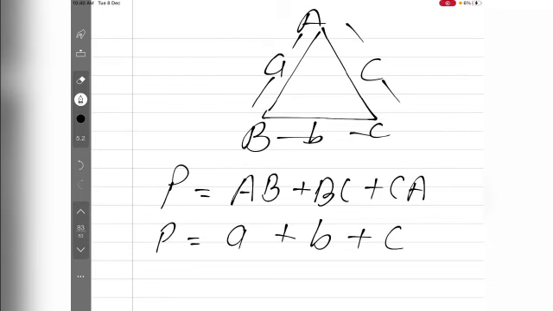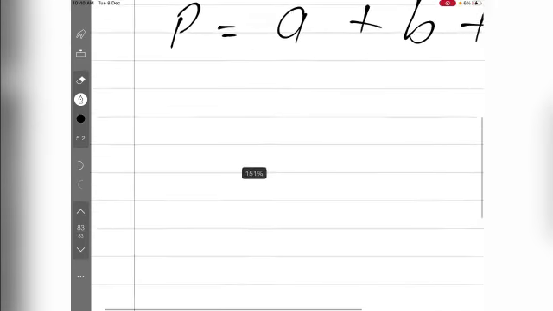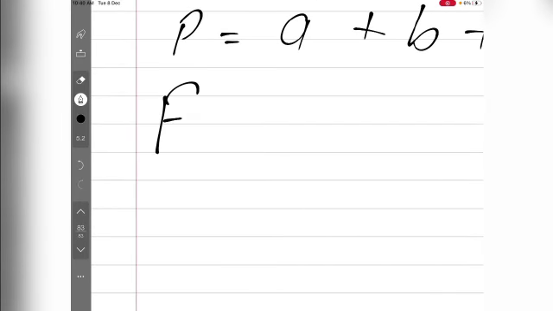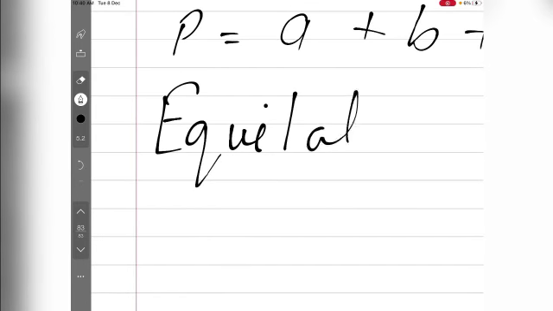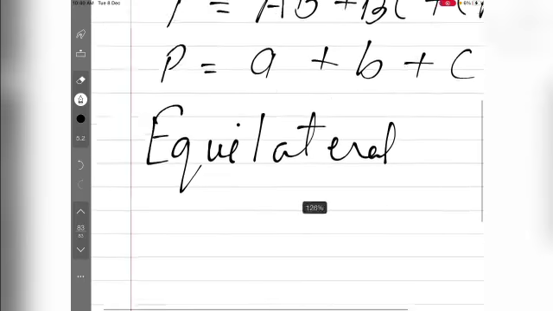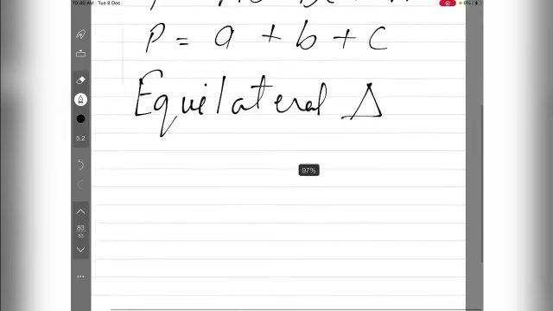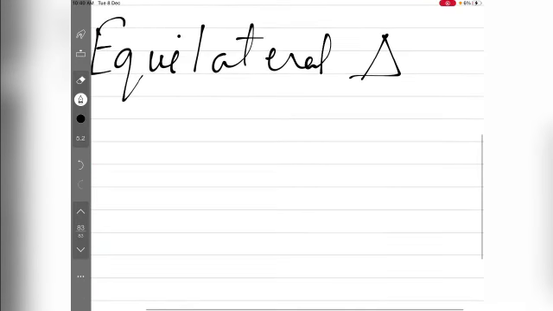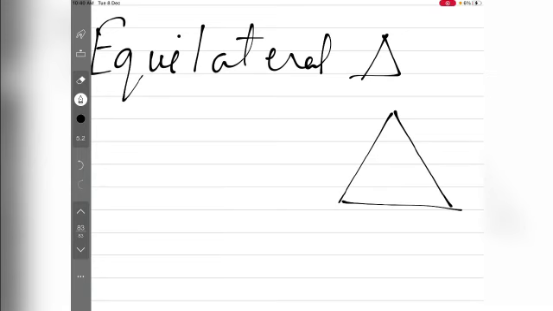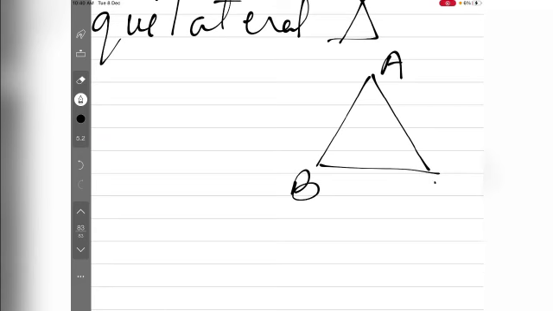But if we have a triangle with equal sides, that is an equilateral triangle, what is the property of an equilateral triangle? Let me write it over here. Equilateral triangle. Suppose we have an equilateral triangle ABC.